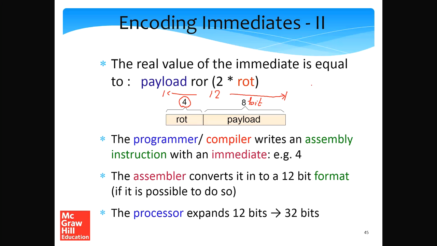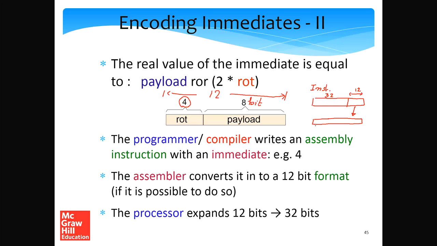Consider an ARM instruction which is encoded in a bit field of 32 bits. In the ARM instruction, the least significant 12 bits are encoding an immediate. So the processor will essentially expand these 12 bits to a 32-bit quantity internally.